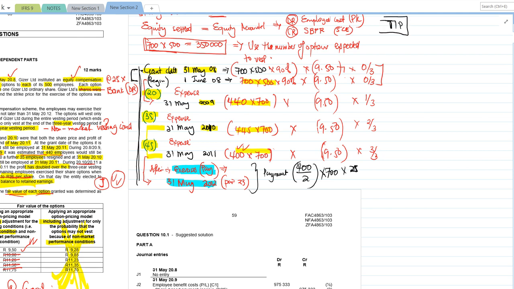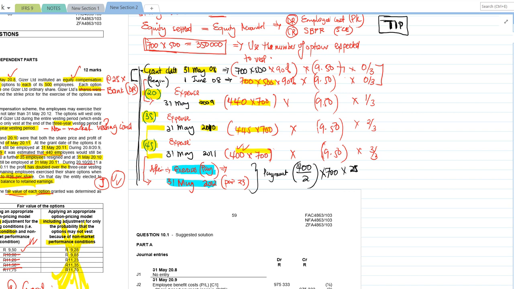The examiners take into account the time that you will use to calculate. So the time for you doing this where the number of options did not change will not be included, because they expect you to notice that it's just going to be multiplied by 1/4 or multiplied by 1/3 if the vesting is 3 years. So it's just going to be the same expense over the years.